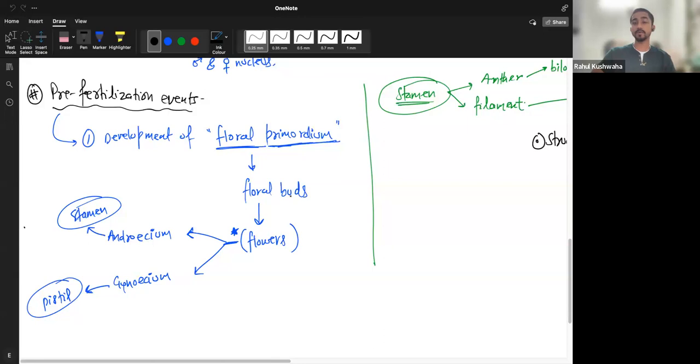This gives rise to the floral buds, and then the buds become flowers. And within the flower, you can have androecium or gynoecium or both. So androecium, which is also known as the stamen, is the male reproductive tissue, and gynoecium is associated with the female reproductive tissue, which is pistil in the flowers.